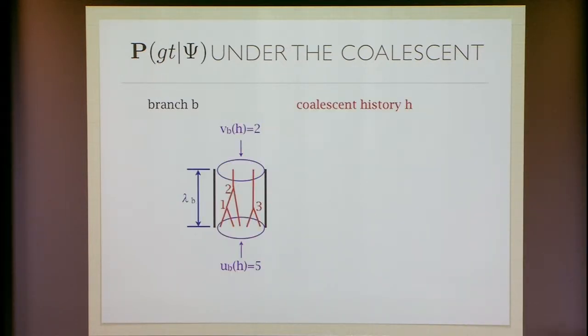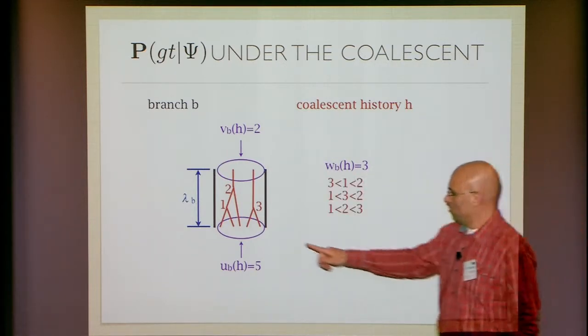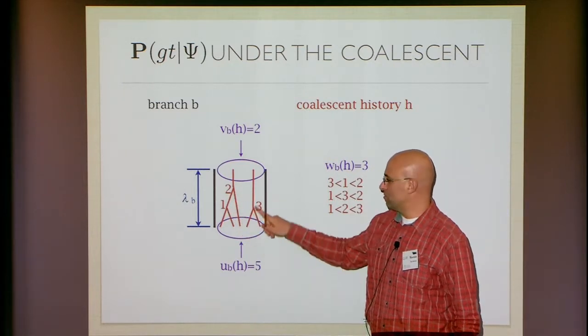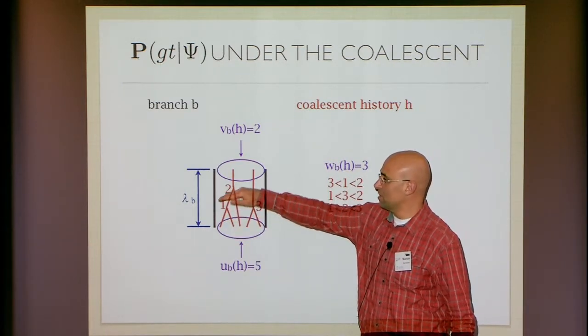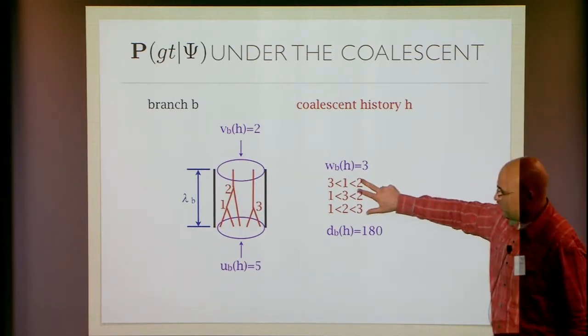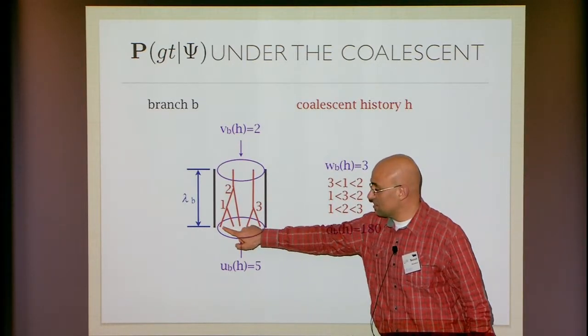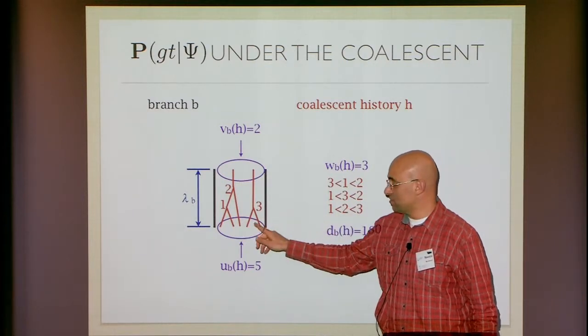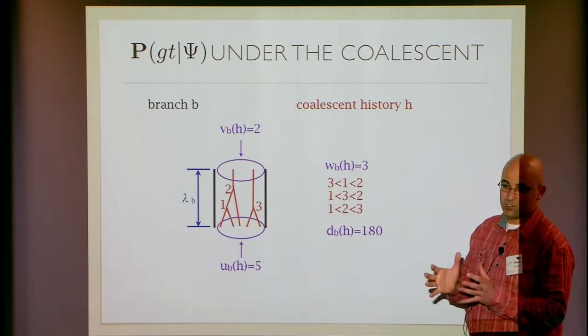Now for these 2 terms in the previous formula, W B of H is how many possible ways these specific coalescent events could have happened. There are 3 of them, because 1 has to happen before 2, but 3 could happen before 1, between them, or after them. So if we put these in total order, we have 3 possible ways. The other term says these force the coalescent events to happen in exactly the same way to give rise to the gene tree that we have. We cannot change that.